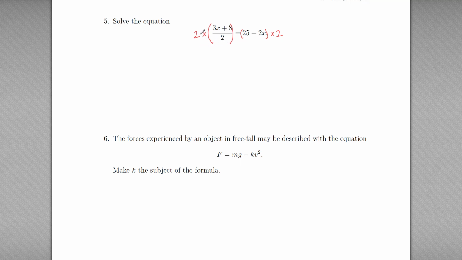So on the left side, all it's going to do is kill the bottom of the fraction, and so what we're going to get is just 3x plus 8. On the right side, we're going to multiply everything by 2, so both of these get multiplied by 2. So 25 becomes 50, and minus 2x becomes minus 4x. Okay.